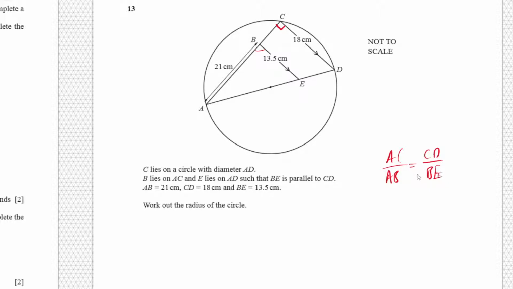If you notice, we are taking fractions here, right? As a fraction, this side over this side should equal this side over this side. It should be the same proportion because they're similar. Now we can say AC over AB, which is 21, equals CD, which is 18, over 13.5.